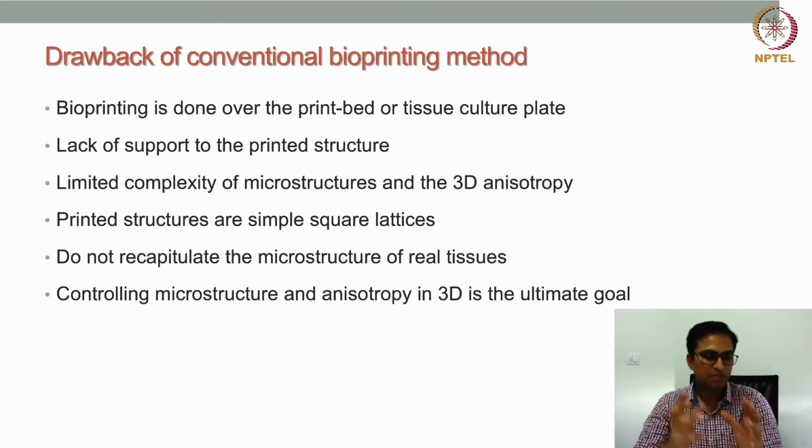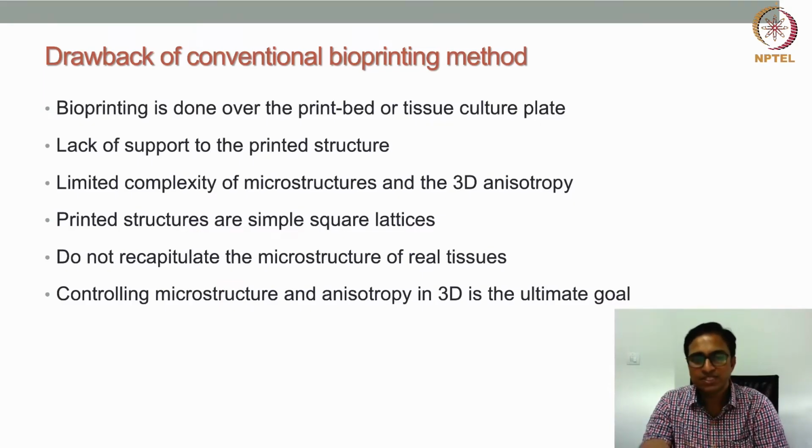Unless we mimic that in our bioprinting method, we cannot achieve that particular tissue or organ specific function. So that's why complexity of microstructure and 3D anisotropy are the keywords where we need to mimic that tissue in terms of these two properties.